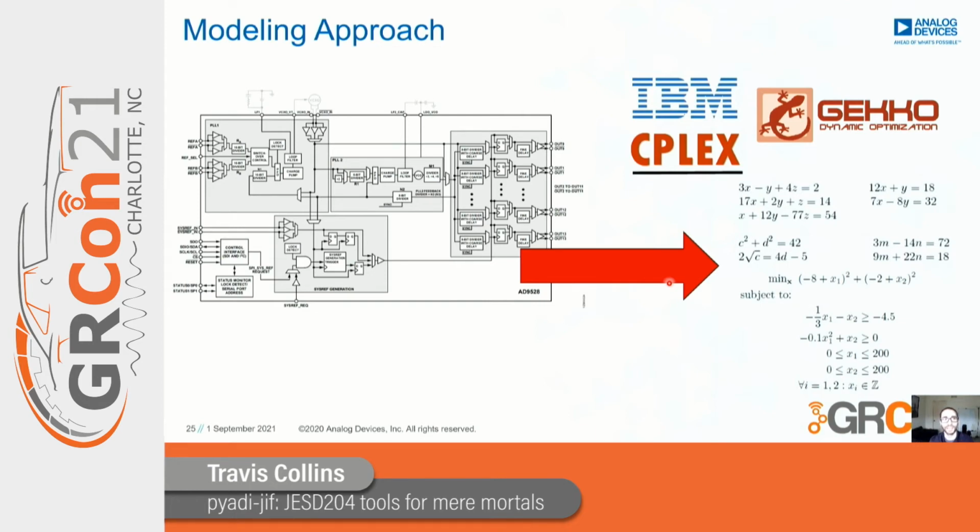This is a pretty challenging problem because the equations that you get are nonlinear and mixed integer. We call them MINLP problems, but we can use off-the-shelf solvers to solve these. The two that we're primarily using now are called CPLEX and Gekko, and they can be directly installed through pip today.